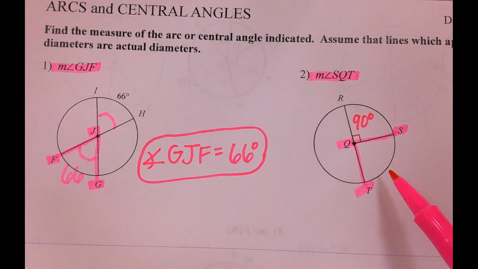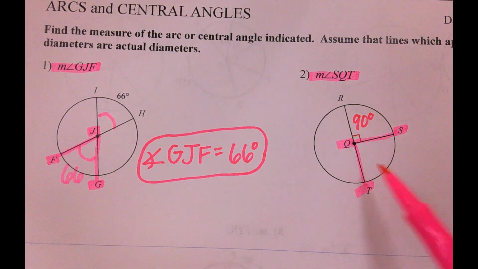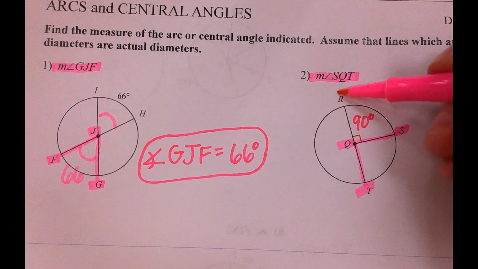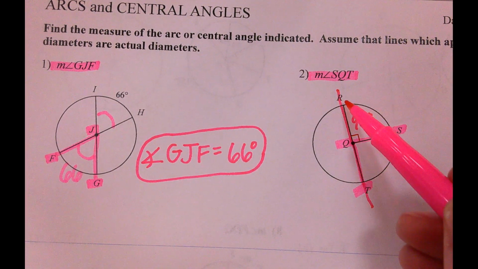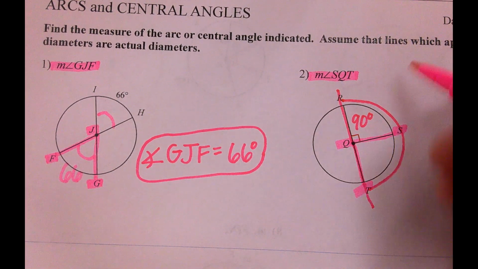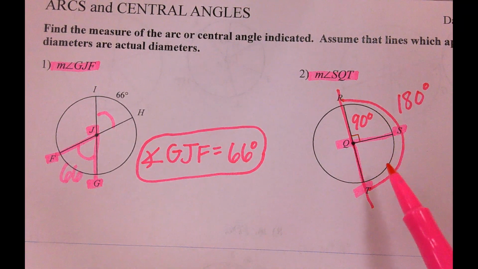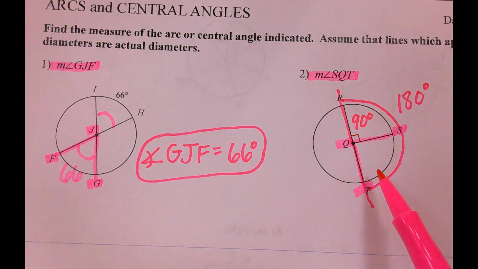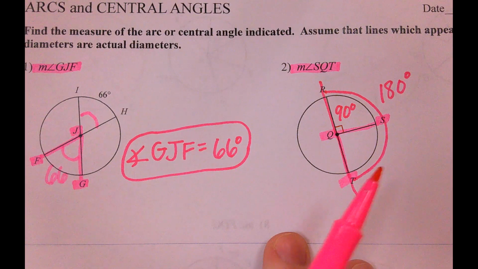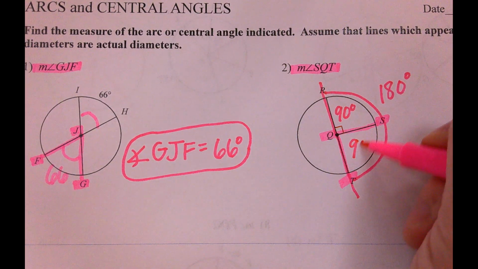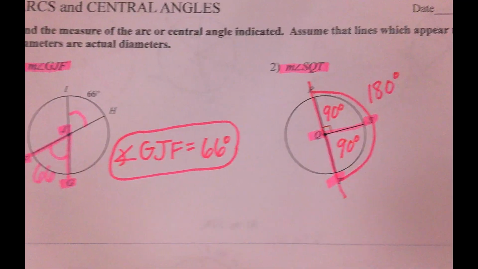And it's mirrored on the bottom. I know that since there is a diameter here, this is 180 degrees. So yes, 90 plus 90 is 180. So this also has to be 90. Good.